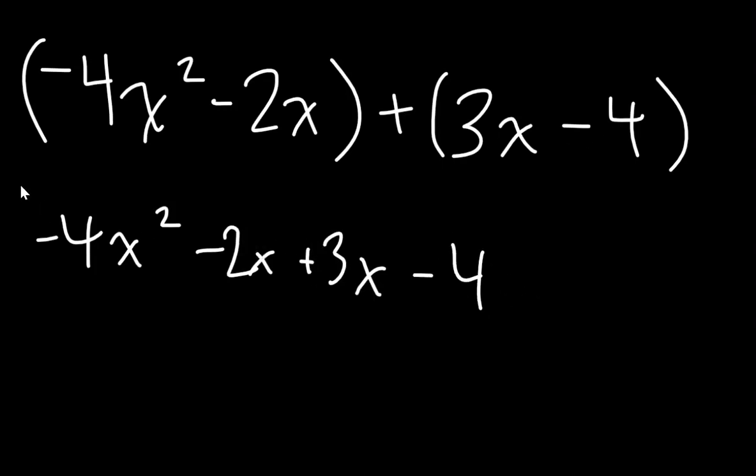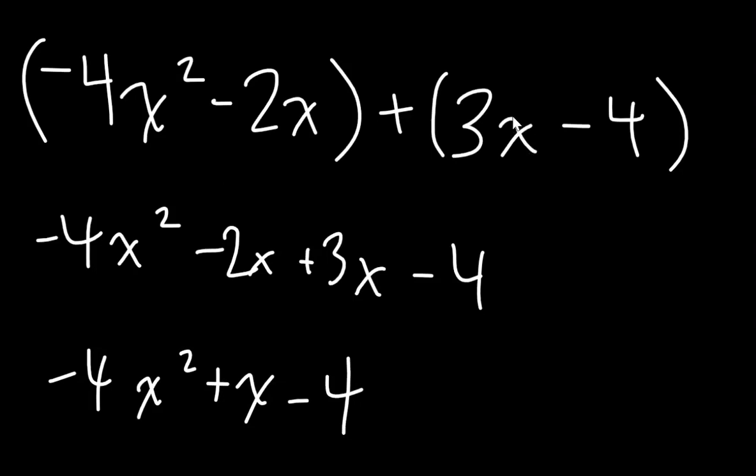Negative 4 times 1 is negative 4. So now we can simplify, right? We know that negative 2x plus 3x, that's the same as 1x, right? Or x. Negative 4x squared plus x minus 4. So that is our answer.